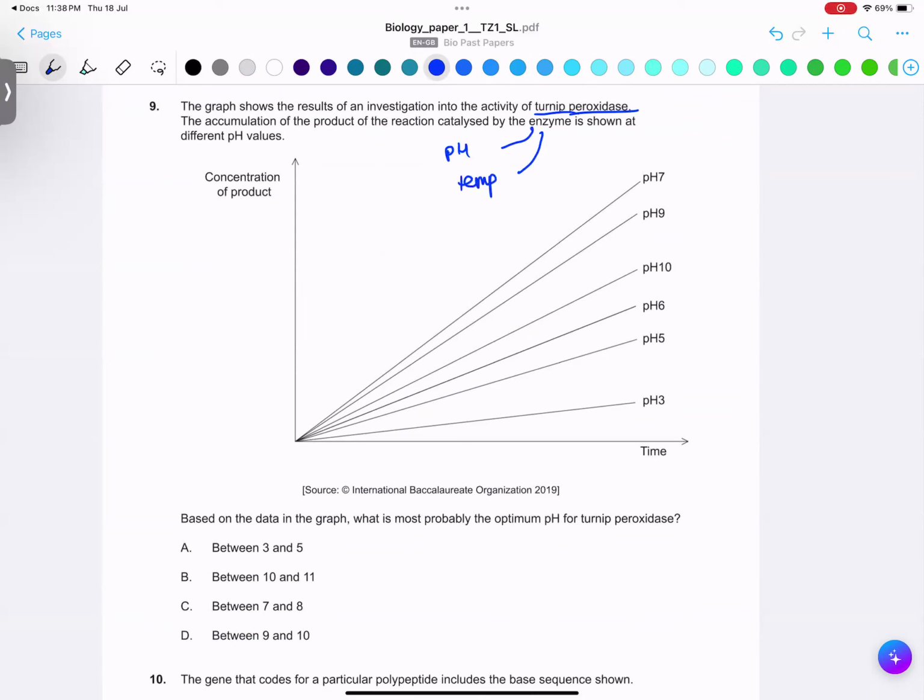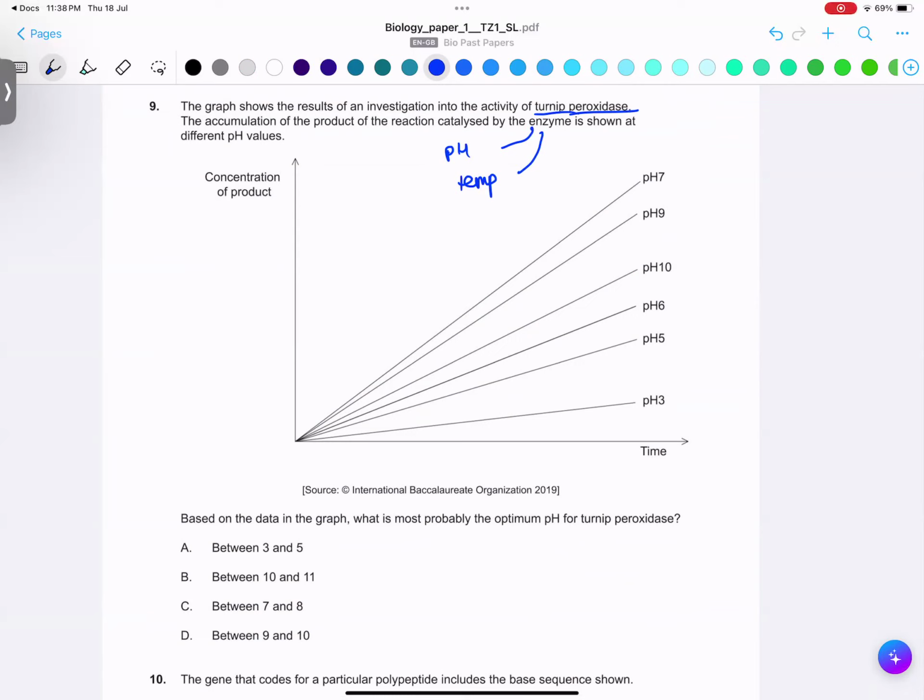Okay. So between the data and the graph, what is probably the most optimum pH for turnip peroxidase? Keep in mind that the optimum pH is basically when the enzyme works at its best, when it's working at its highest rate of reaction, when the reaction is taking the least time possible, right?